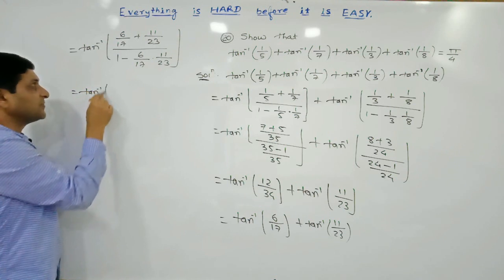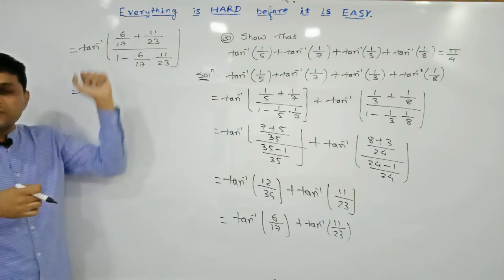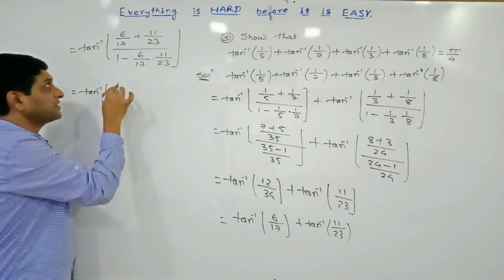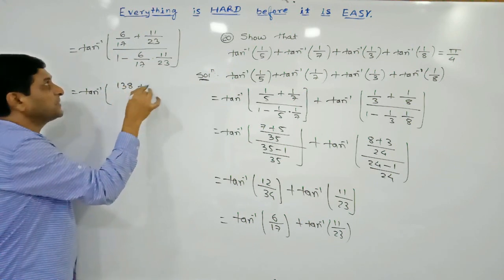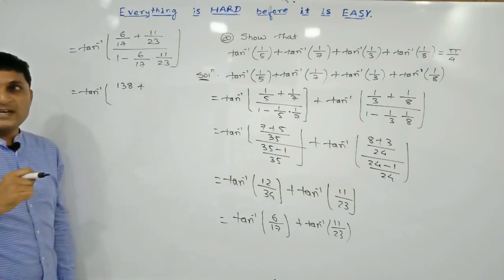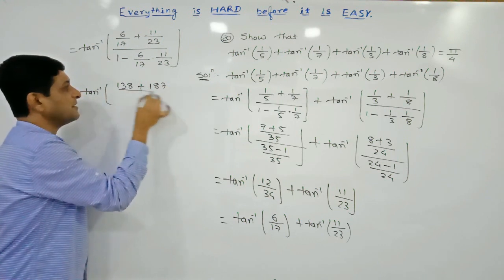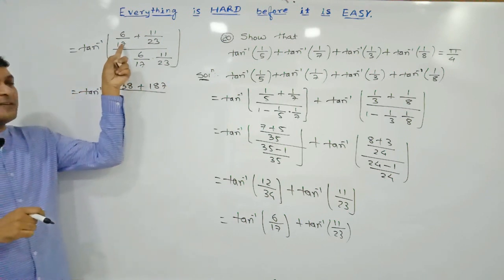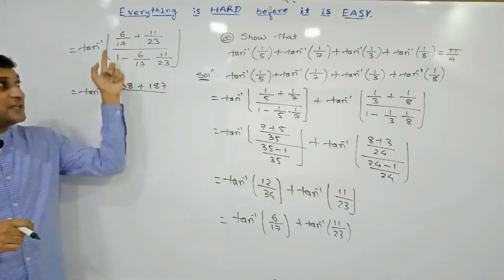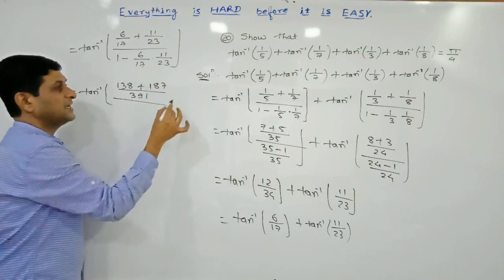Observe it very carefully. Here 23 into 6 equals how much? 138, plus 17 into 11 equals 187, divided by, now find out this product, 17 into 23. Check that it is equal to 391 or not.